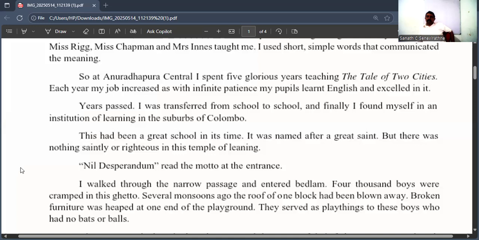She just tells that it was named after a great saint.